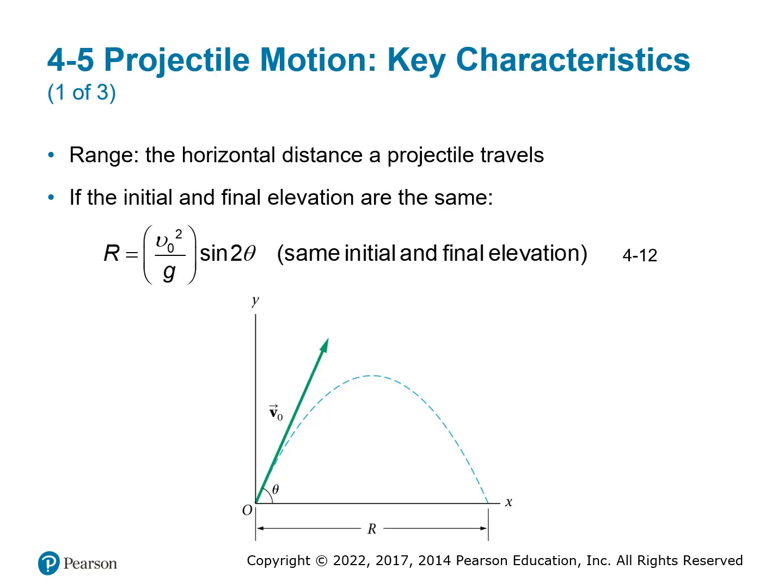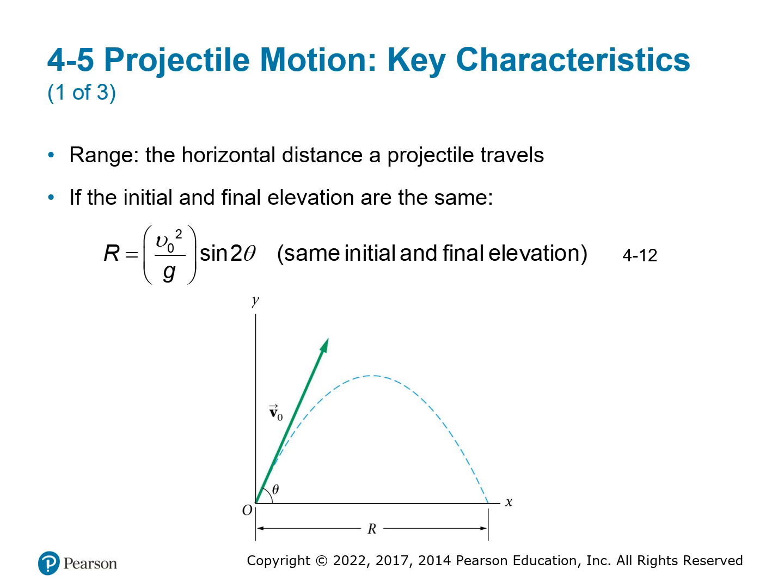All right, some key characteristics of projectile motion. Some common vocab words you'll hear. You will hear range. That just means the horizontal distance your projectile travels, the x value. If your initial and final elevation or height, your y value, are the same, then to find your range, your R, you can do your initial velocity squared over gravity times sine of 2 theta.